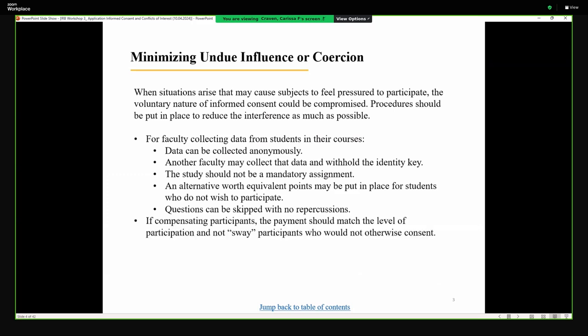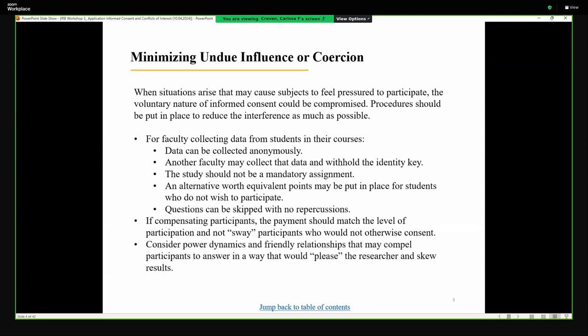Other situations that could be coercion are compensation. If it does not match what you are asking participants to do, then that could be seen as coercion. If you are recruiting people who maybe really need $200 and you're doing that for a simple survey, that is going to influence them to answer something they may not answer otherwise.